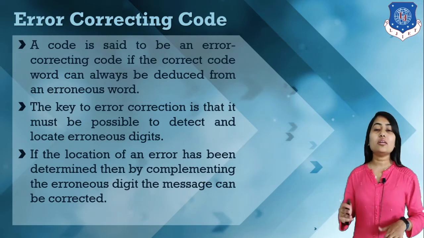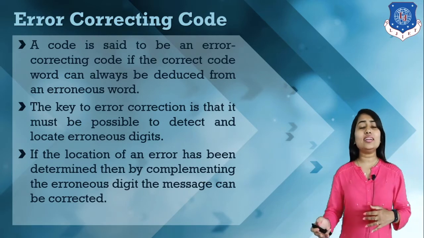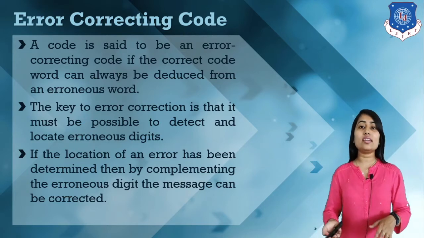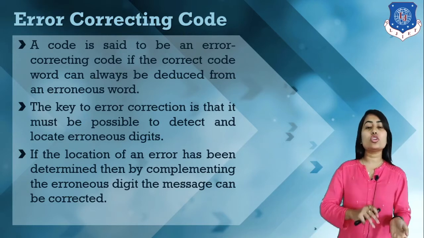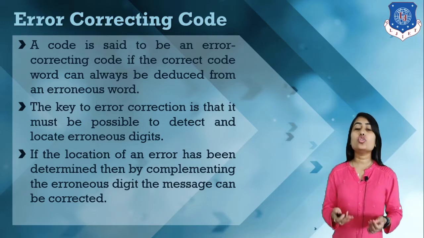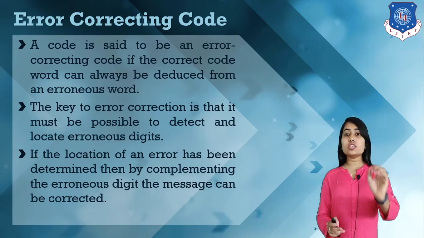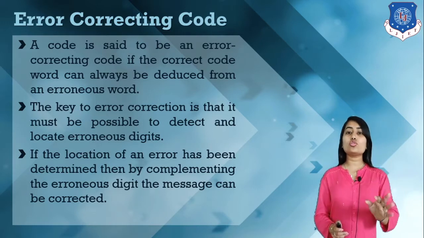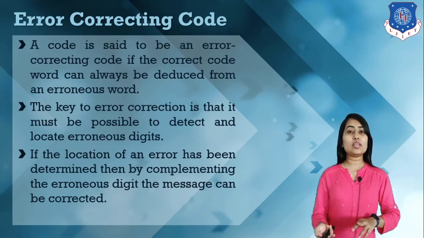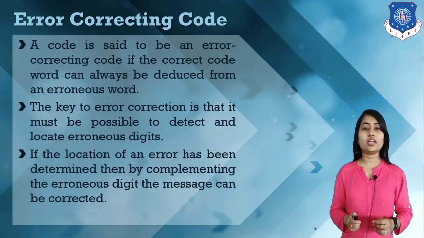Because in binary, when our message gets altered, there are only 2 possibilities: from 0 to 1 or 1 to 0. So if we identify the location where the error occurred, we simply complement that bit, and we have our correct information.